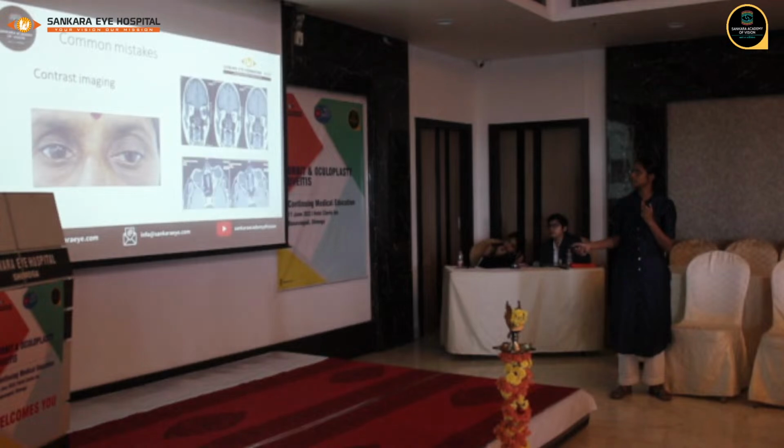The same thing when I went for a contrast and fat suppressed scan, I could see a lesion. You can exactly see there was an enhancement in the periphery, and there was a slight hypodensity in the center. This was a lymphatic malformation which had bled. There was a lymphatic malformation which had bled inside and that had formed a cyst.